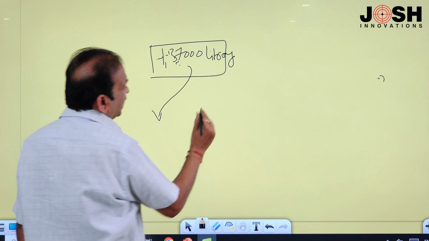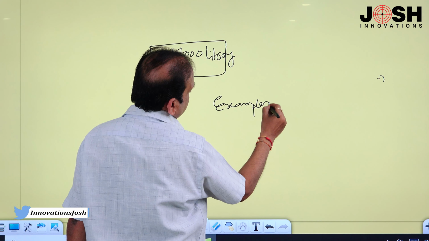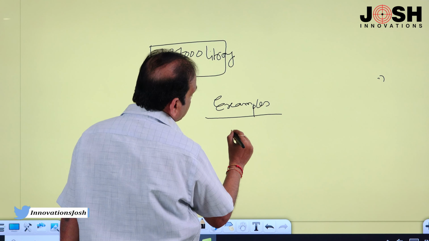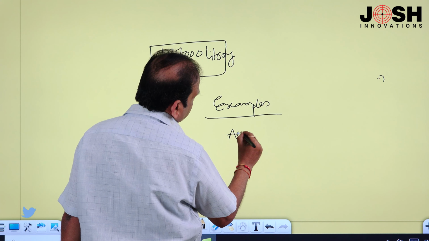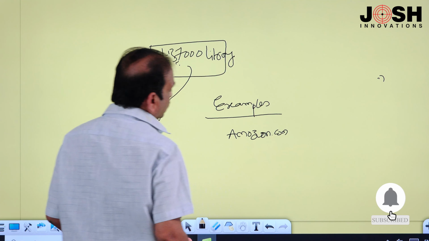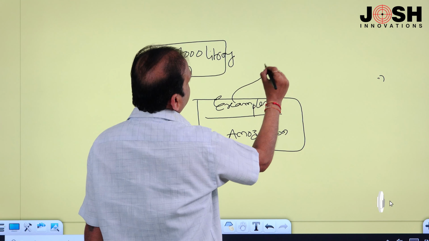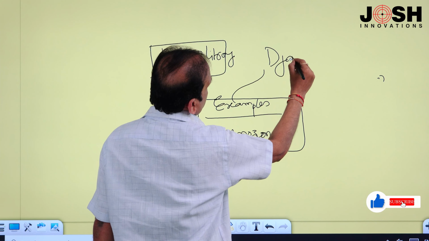For example, I want to develop a website like Amazon.com. To develop such websites, we have so many libraries. For example, we have Django.